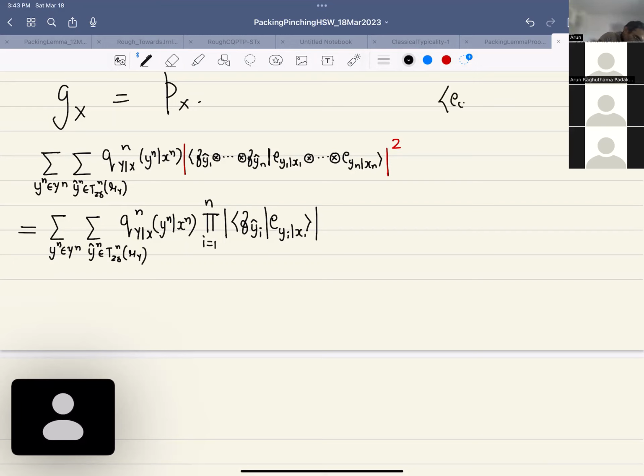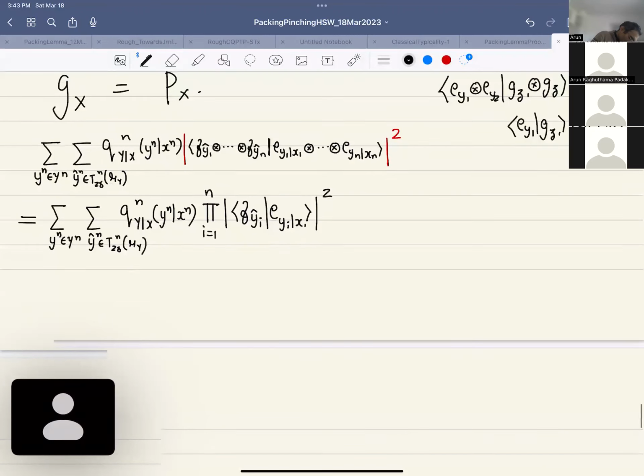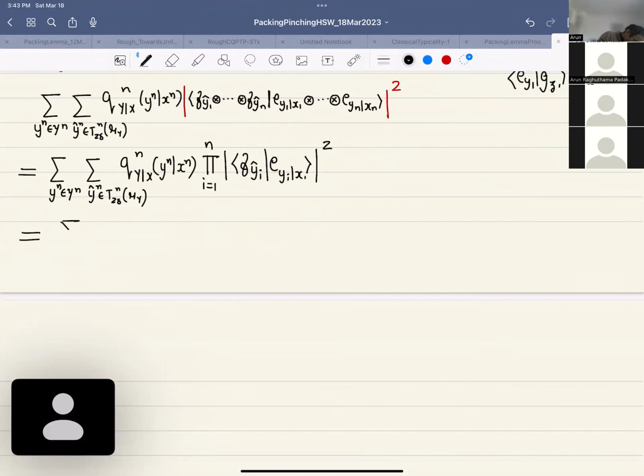Remember, EY1 tensor EY2 into GZ1 tensor GZ2 is essentially EY1 GZ1 times EY2 GZ2. This is one of the axioms of tensor product. That's all I've done. So I should put a square. This is correct. And this I claim, what is this? So Yn belonging to Yn, y hat n belonging to T2 delta n Ry.